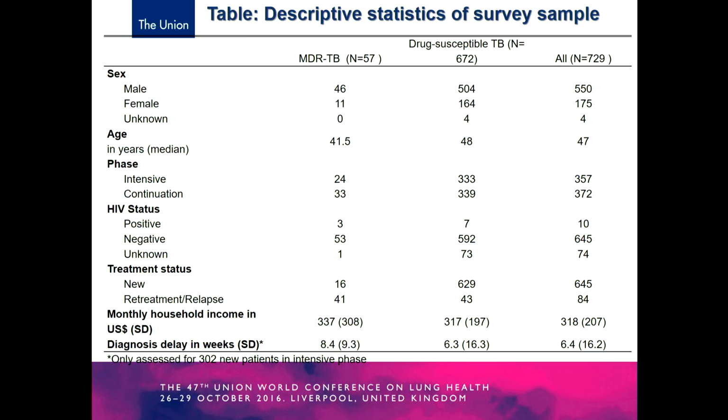We got very few patients with HIV coinfection. The majority of the study subjects are on new treatment. And the average delay in diagnosis is about 8 days. Particularly for MDR patients, it is a little bit higher.